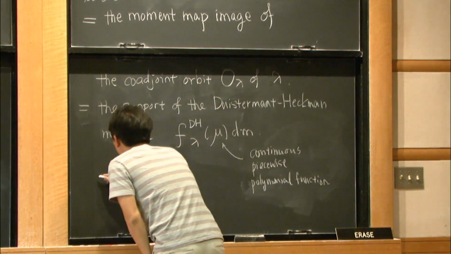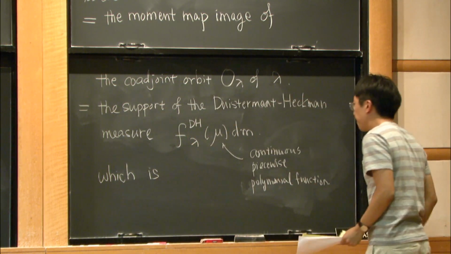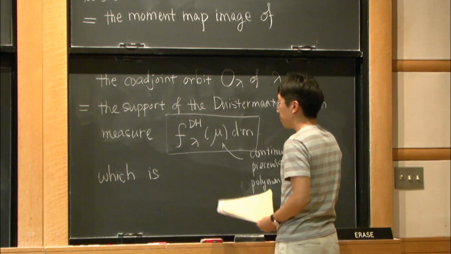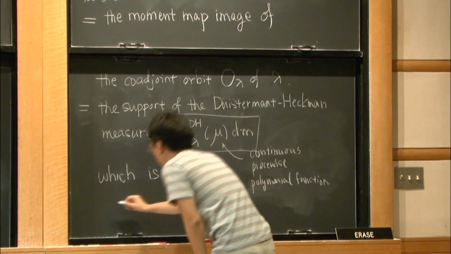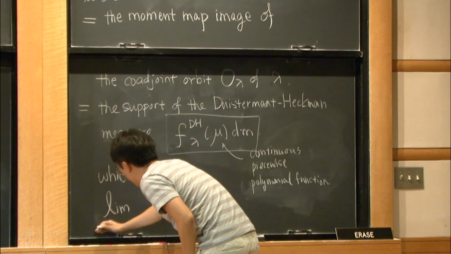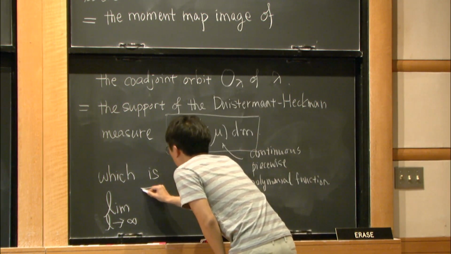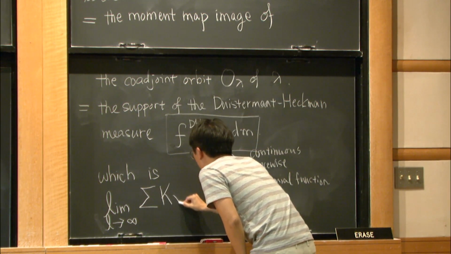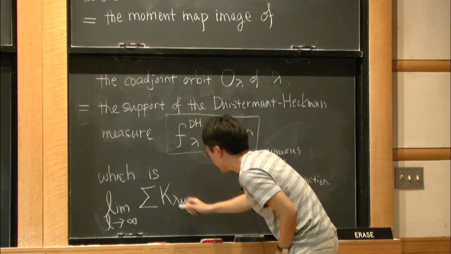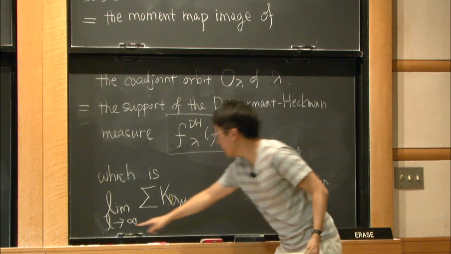So it turns out, and this is essentially Heckman's theorem, that the push-forward measure is a limit, as L goes to infinity, of k of L lambda, mu, where I replace lambda by L times lambda, where L is approaching infinity.